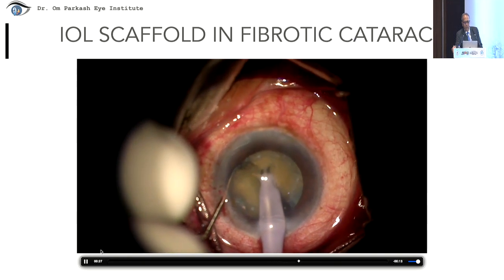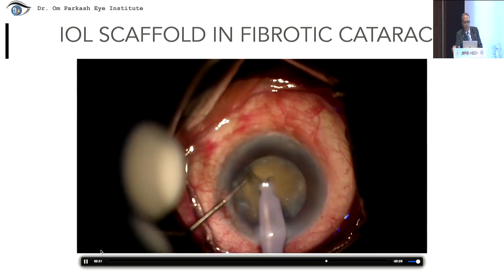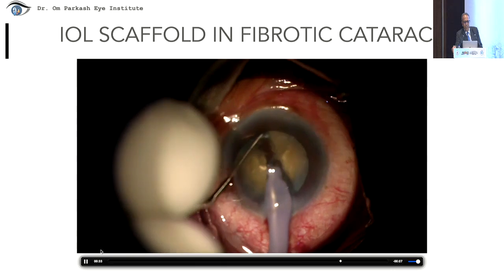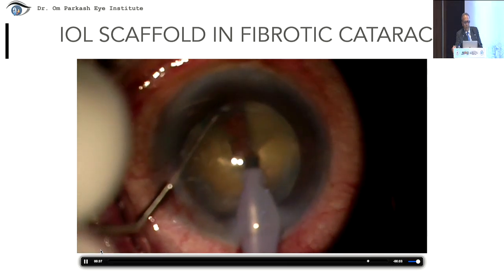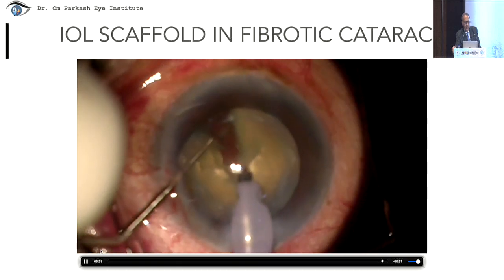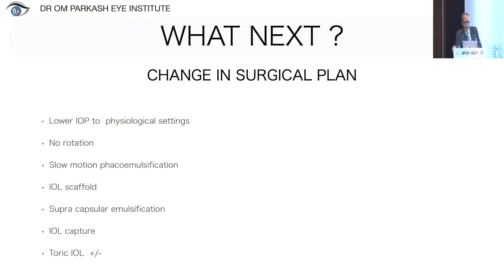I thought I was going on nicely, and suddenly I realized that there is a posterior capsule rupture. So the patient was already very apprehensive about it. Now the question is, what next?